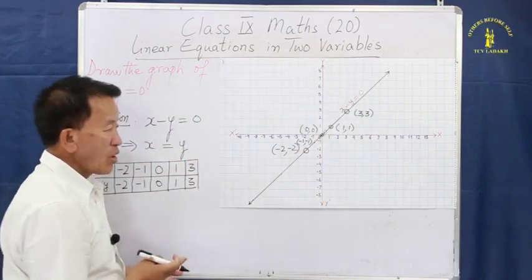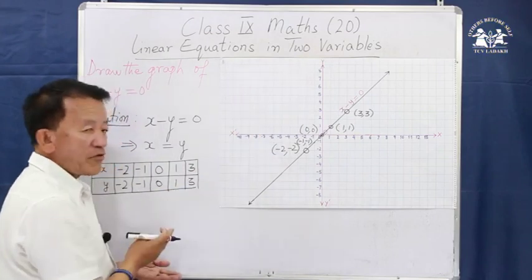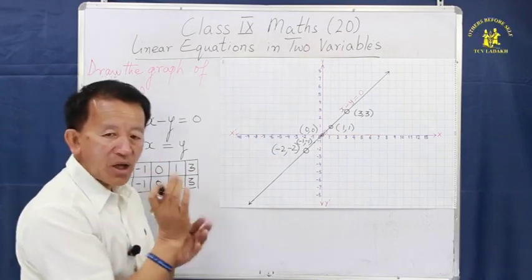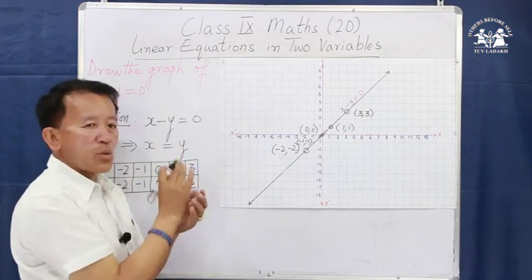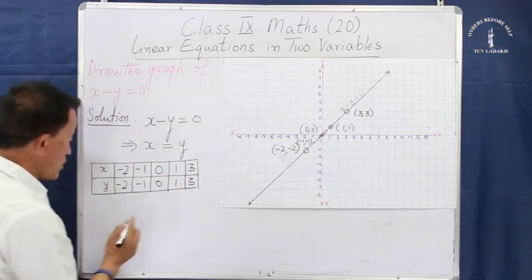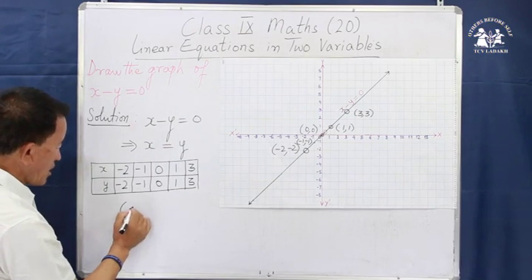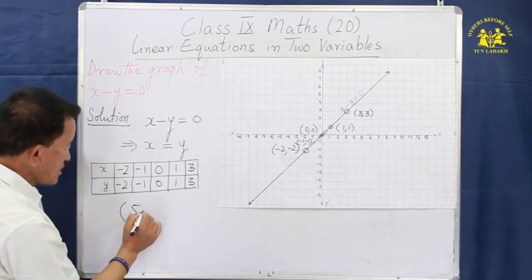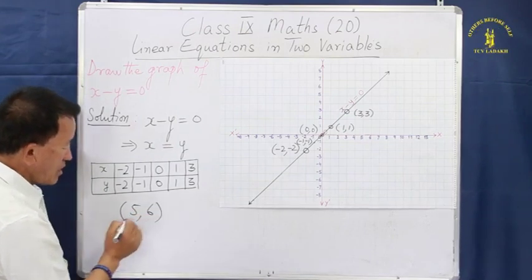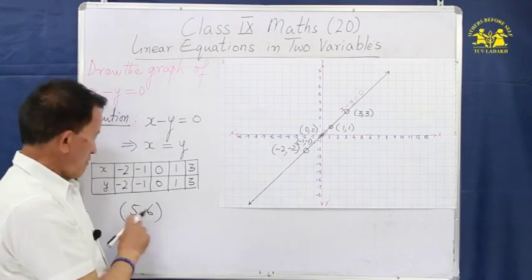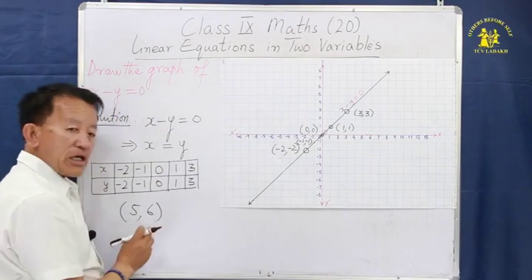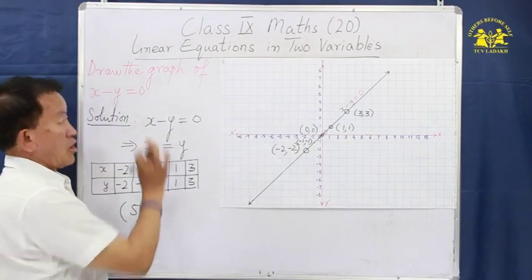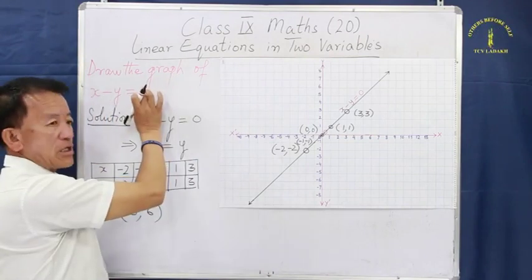Now, with the help of this graph, we can check whether a particular point is a solution of this equation or not. For example, let's say 5 and 6. If the point 5, 6 falls on this line, then it is a solution of this equation.